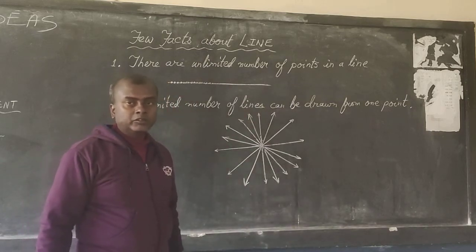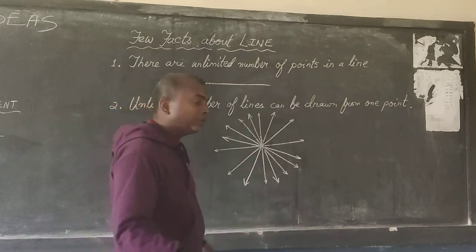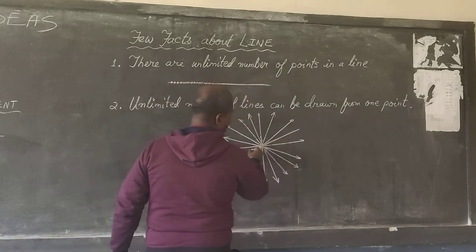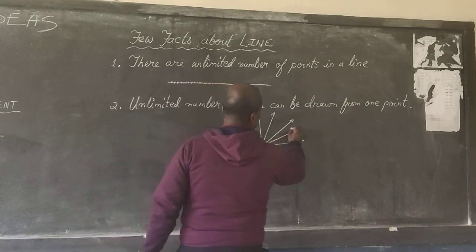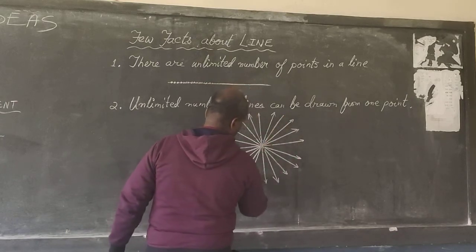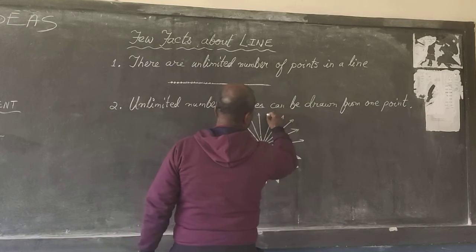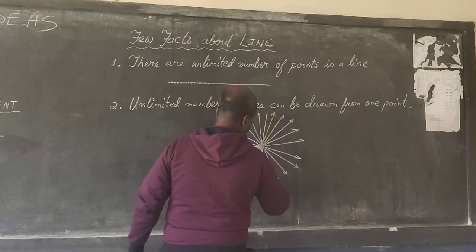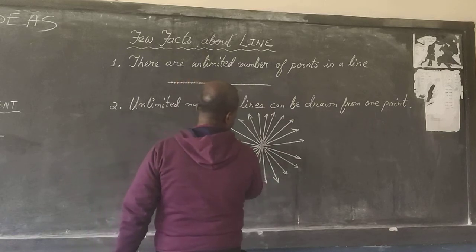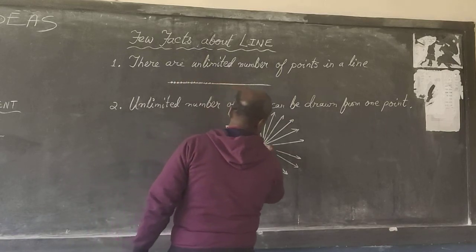No more lines can be drawn? You're wrong. You can draw many more lines. 9, 10, 11, 12.